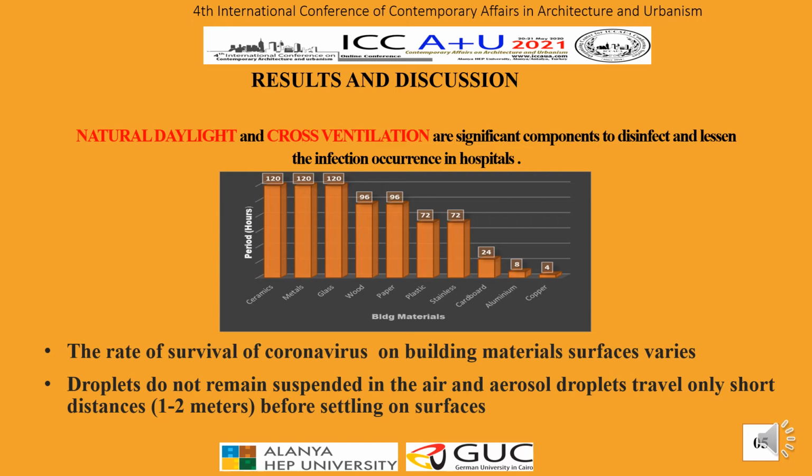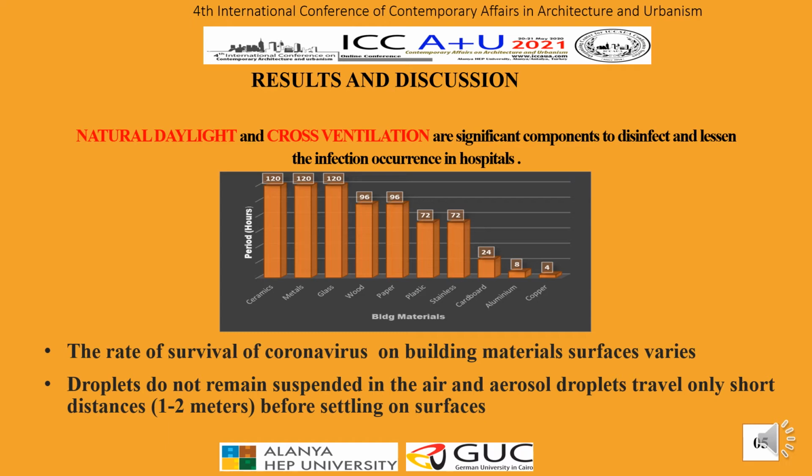The study also found that the rate of survival of coronavirus on building material surfaces varies from one material to the other. For instance, while coronavirus survives for up to 120 hours on the surface of ceramic, metals, and glass, coronavirus can only survive for 4 hours on copper surface, and only 8 hours on aluminum surface.